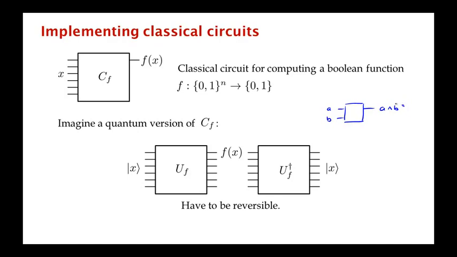So this is equal to 1 if and only if A equals B equals 1, and 0 otherwise. So now, even if we output any other bit of our choice, is there any way of making this a reversible gate, a reversible circuit? And I claim it's not.